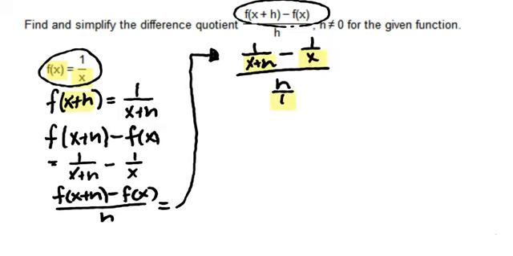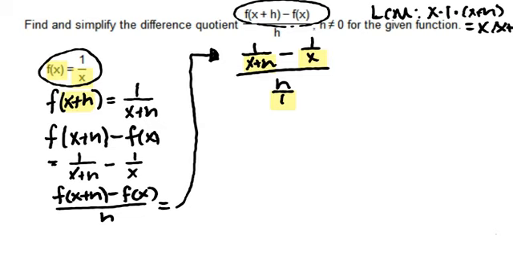That least common multiple is the product of each one of those factors. So the least common multiple will be 1 times x plus h times x, which is x times x plus h. So that's our least common multiple.